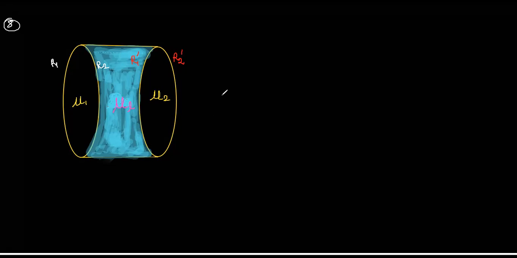In this case, 1 by F is equal to 1 by F1 plus 1 by F of liquid plus 1 by again F2 for this. So if we use the lens maker's formula for the first surface, we will get (mu1 minus 1) into 1 by R1 plus 1 by R2.